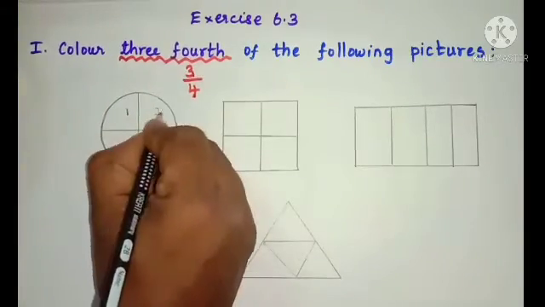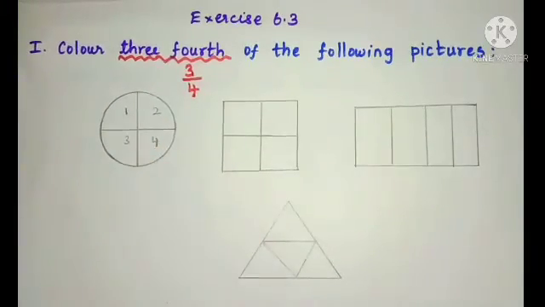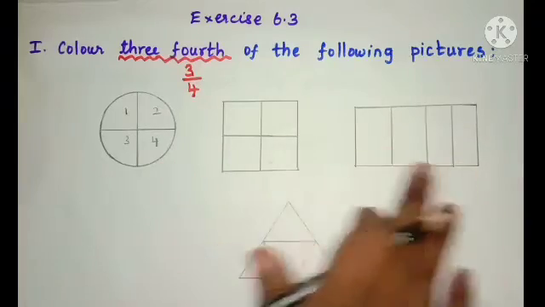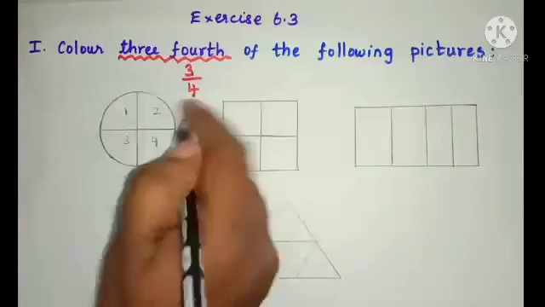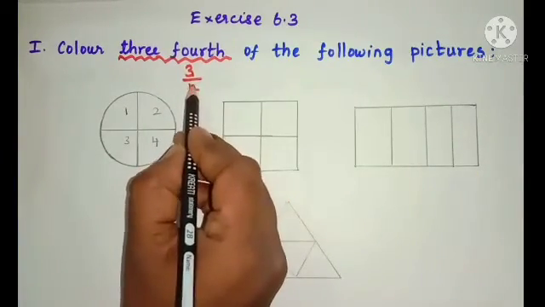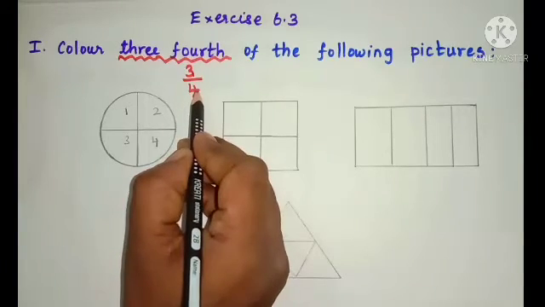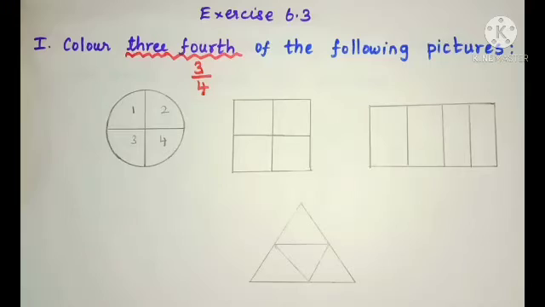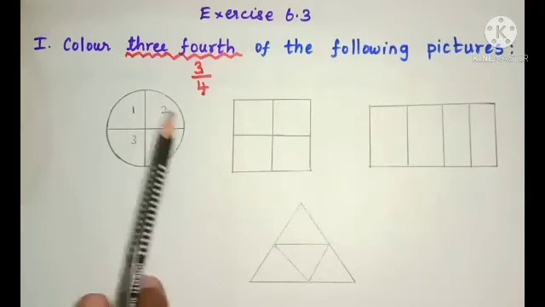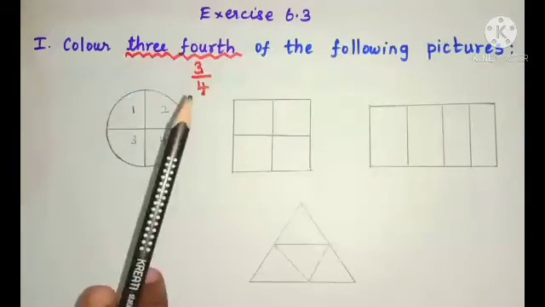1, 2, 3, 4. So we have divided the given shapes into 4 equal parts to represent the 4, which is in the denominator. 3 represents the number of parts we are going to shade.